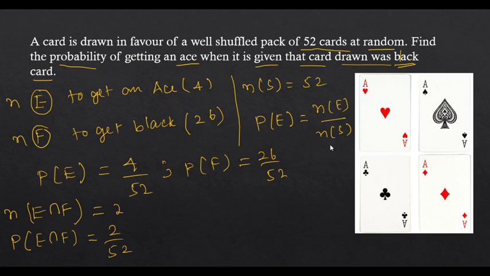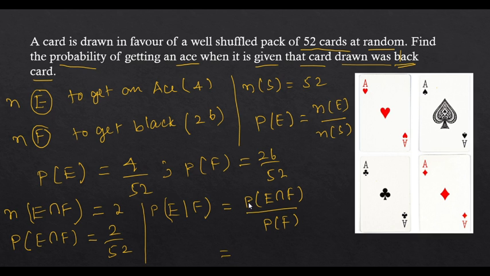So we have found all the probabilities, but we had to proceed with the conditional probability. What is the formula for conditional probability? P of E given that F has already occurred is equal to P of E intersection F divided by P of F. So just substitute.